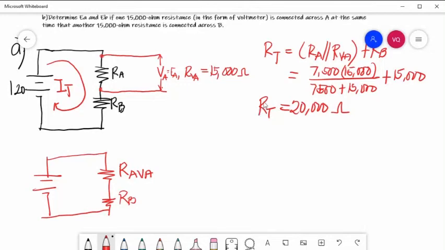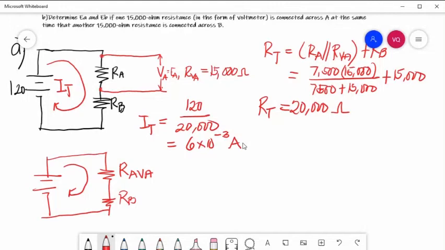Now, after we solve the total resistance, we can now solve your total current. So, total current is equal to 120 divided by 20,000. So, total current is 6 milliampere or 6 times 10 raised to negative 3 amperes.